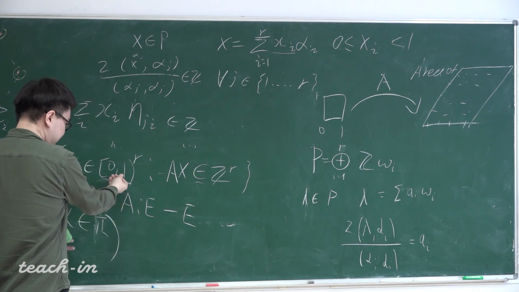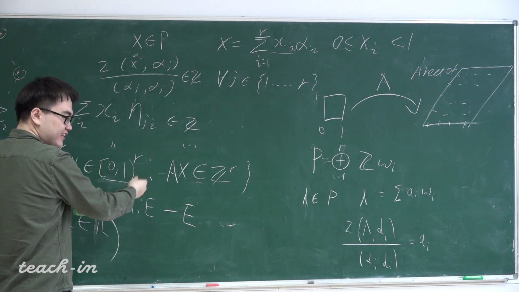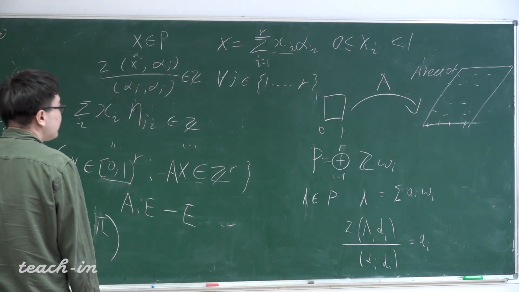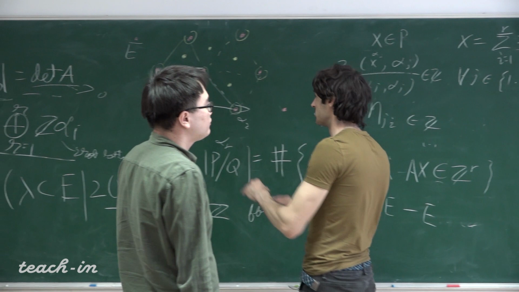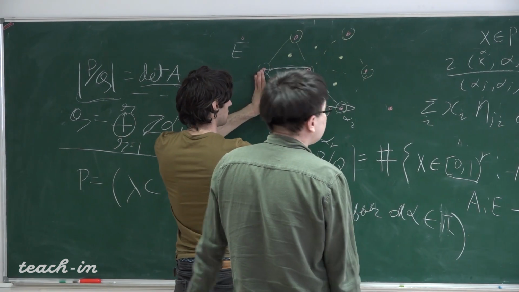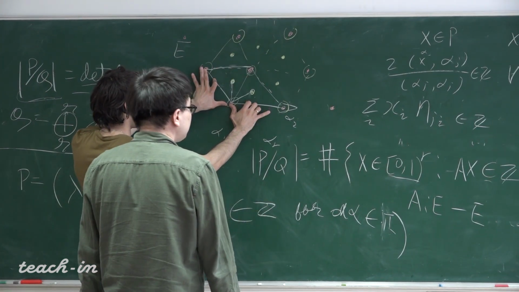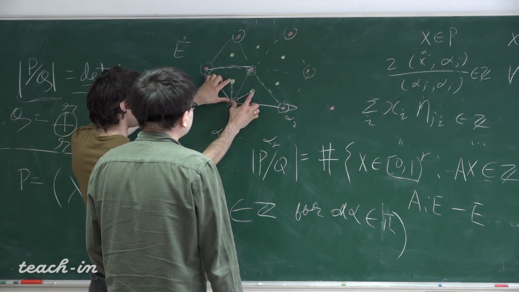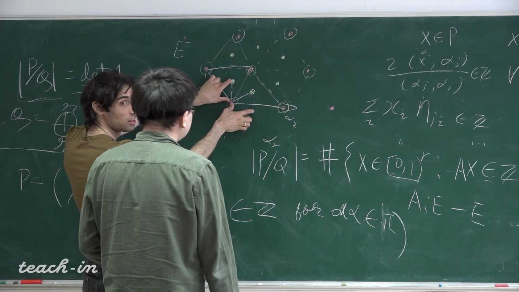Yes, when we choose it to be of length 1. Or in other words, you just distort: you take this domain and make a deformation of it such that this becomes a unit square.